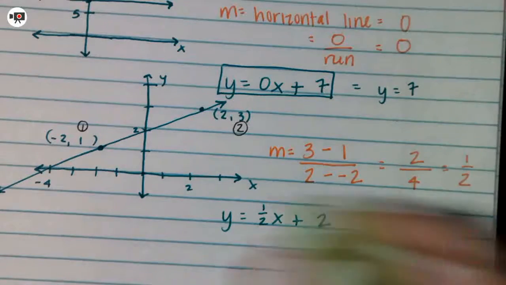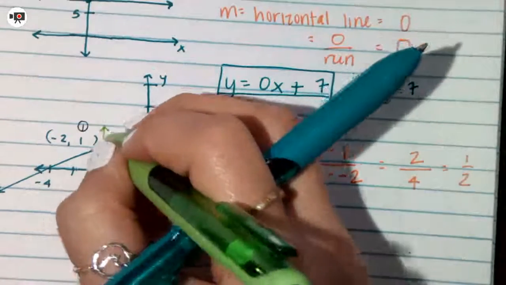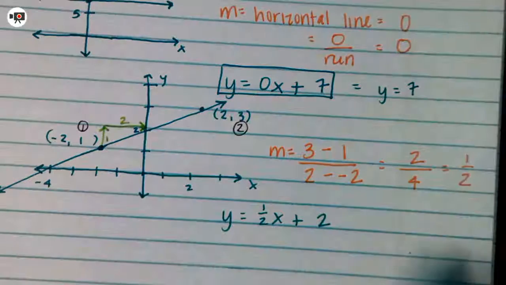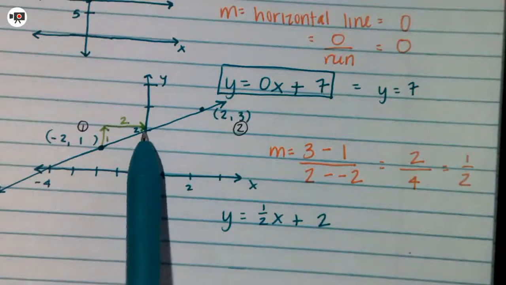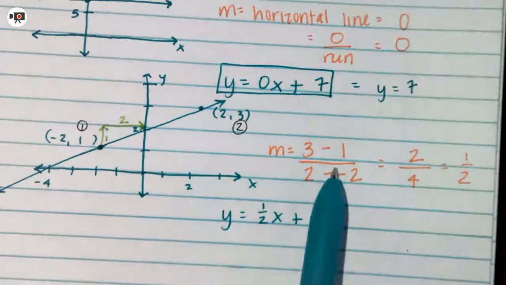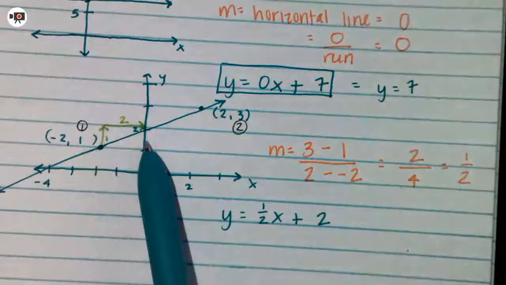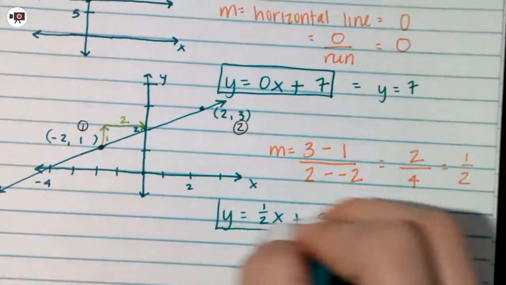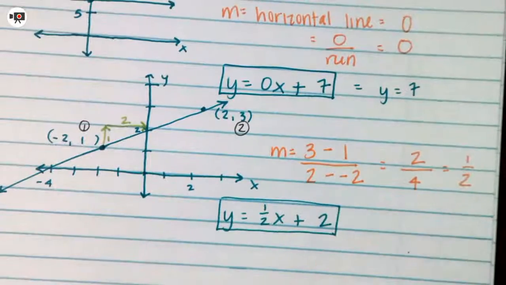You can count with your slope, up 1 and to the right 2, and that lands exactly on this point. You can look at your graph if it's drawn to scale, or you can use your formula. And in your formula you would put 0 as x, and then what is your y? That's your y-intercept. This is our answer.